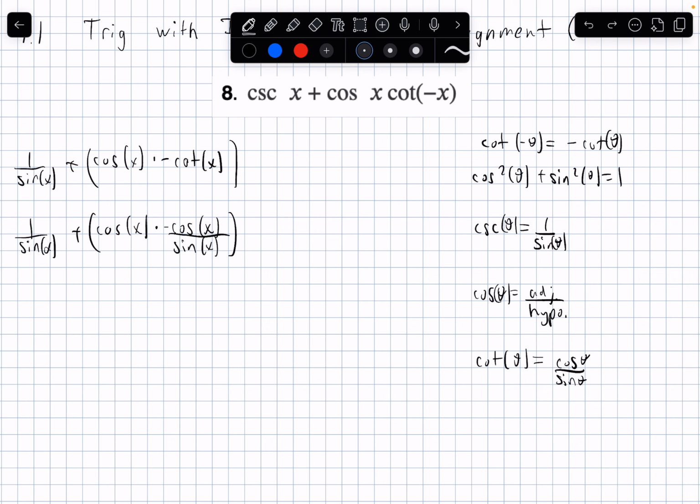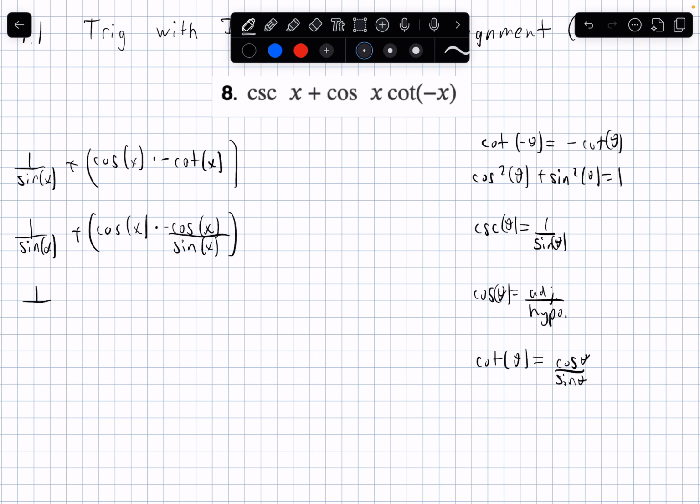And the reason we put a negative there is because we're given with this identity that this is going to be negative, so we have to write a negative sign in front of it.